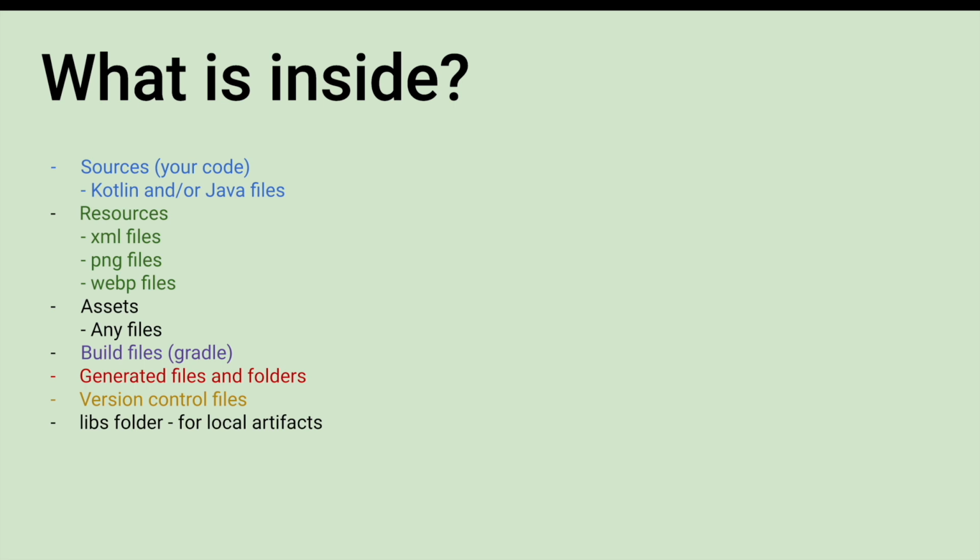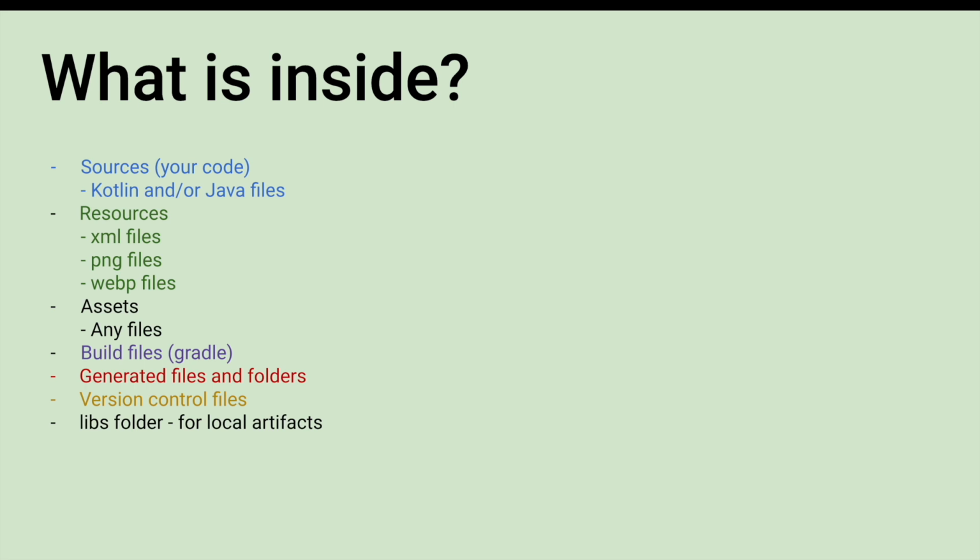And of course, if you use any type of version control like Git or SVN, if you push your code somewhere, then you might have some version control files. It's mostly configuration. And last but not least, there is a libs folder, which is responsible for some third-party artifacts which you can use in your Android project.